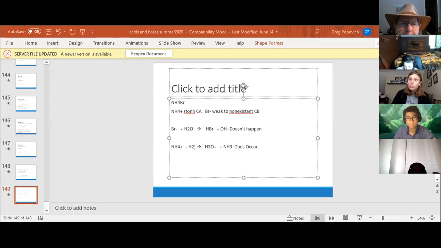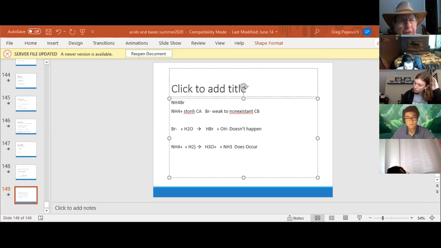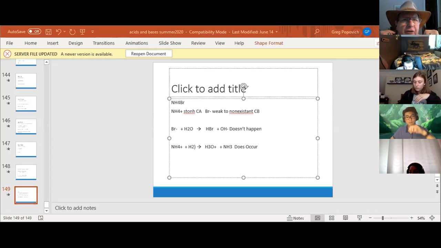If my conjugate base is strong and my conjugate acid is weak, like for the example where I have sodium acetate, acetate is a strong conjugate base. It reacts with water to regenerate acetic acid. I know this sounds strange, and you think to yourself, oh, that's generating acid. But it's not really, because acetic acid is a weak acid.